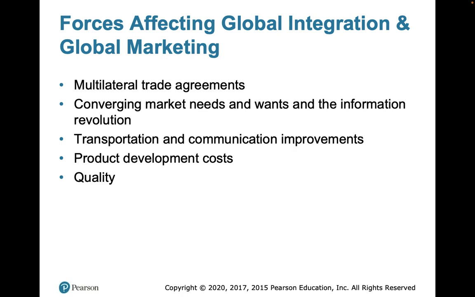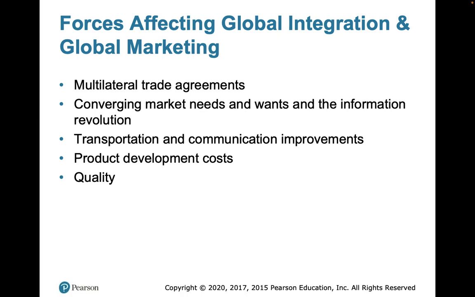Some are focused on the same products or services, and sometimes it's quite competitive. There are times where you have to represent the interests of the people, not the individual company's interest. So these are forces that affect global integration and global marketing.